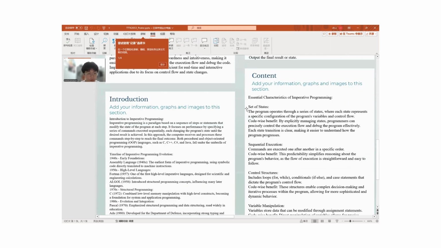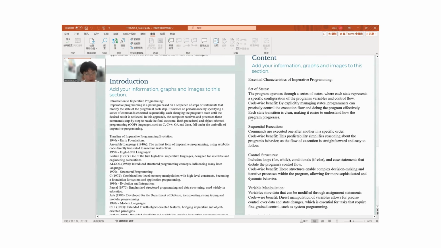Next, introduction to imperative programming. Imperative programming is a paradigm based on a sequence of steps or statements that modify the state of the program at each step. It focuses on programmers specifying a series of commands executed sequentially, each changing the program state until the desired result is achieved.